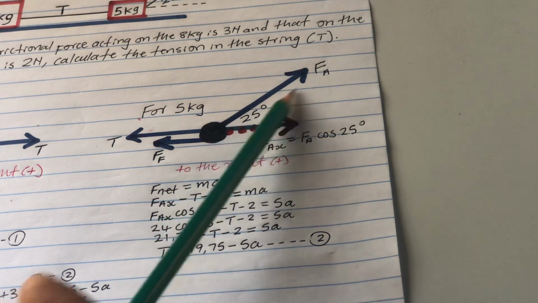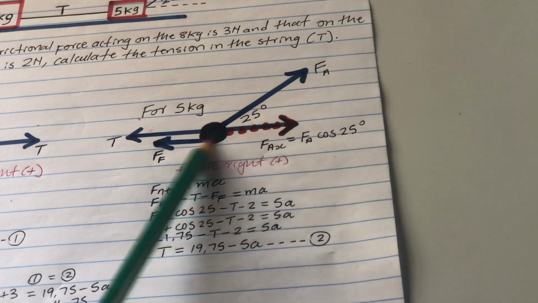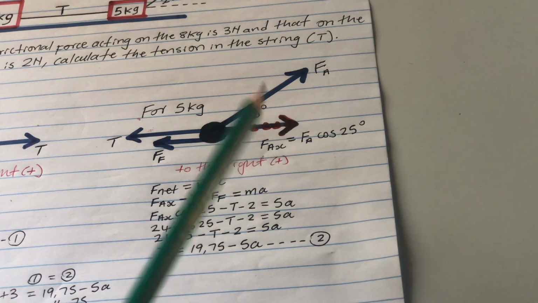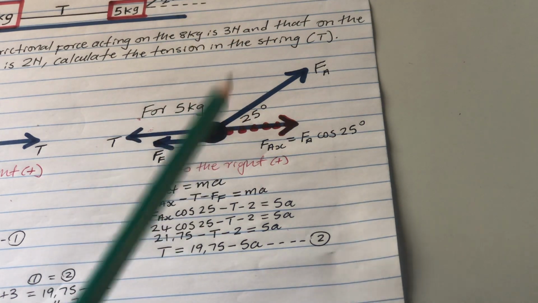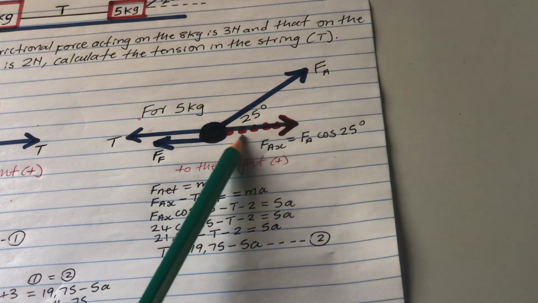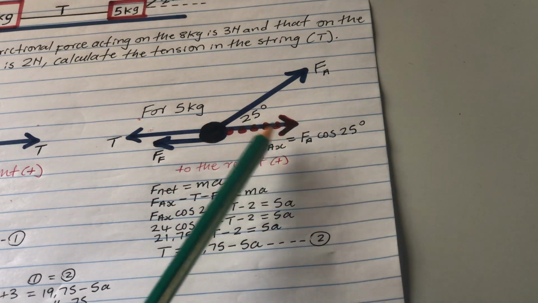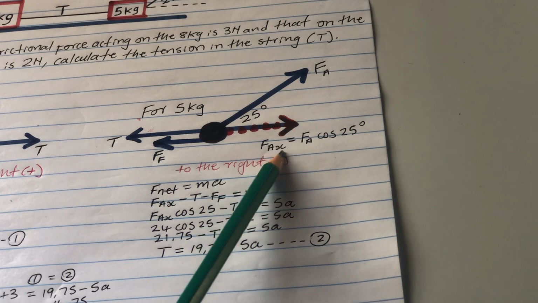Remember, this FA is not parallel to the surface, but there is a component that I can get using this FA which is parallel to the surface. In this case, that component is FAX.